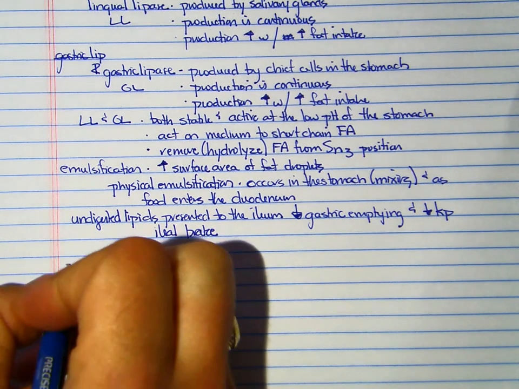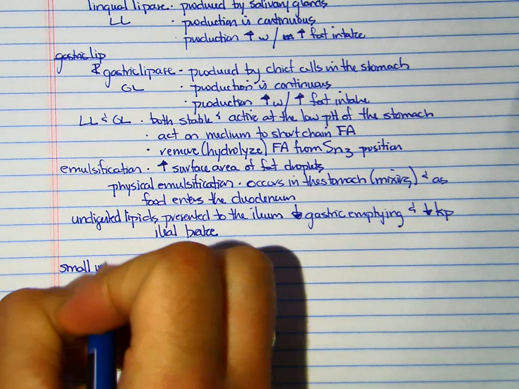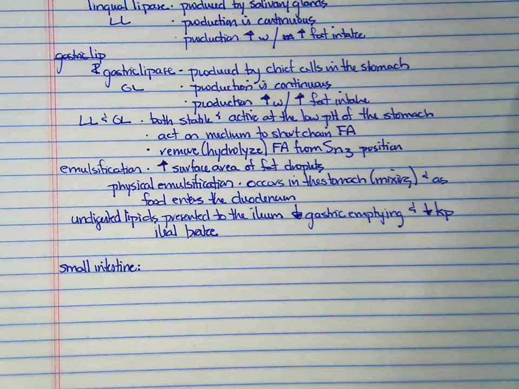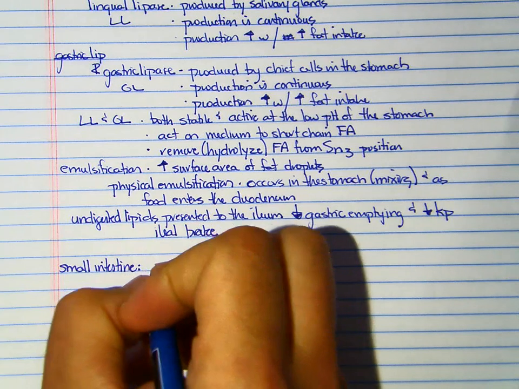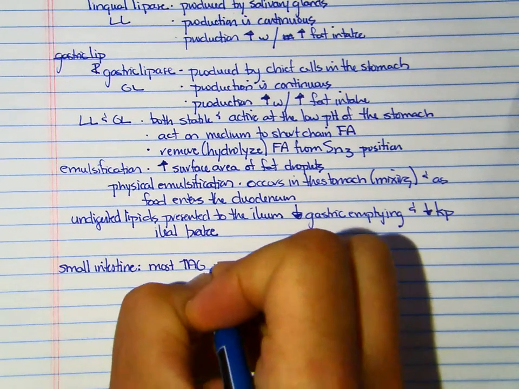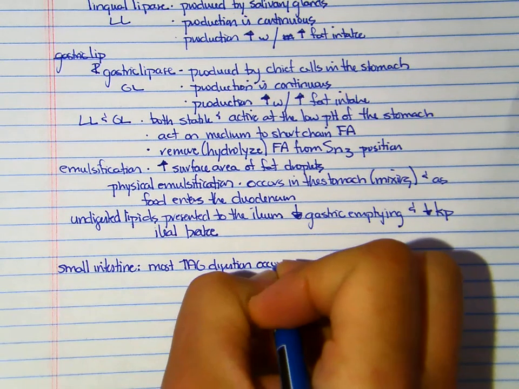So then we move into the small intestine. And the small intestine is where most TAG digestion occurs.